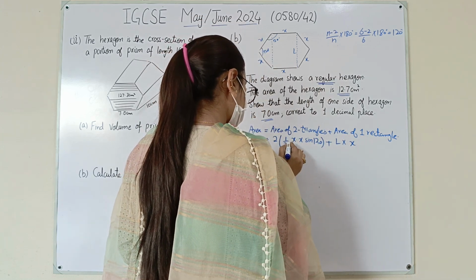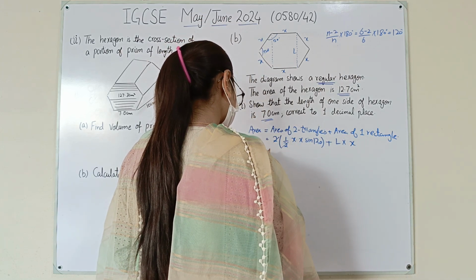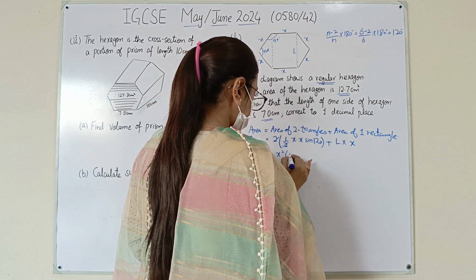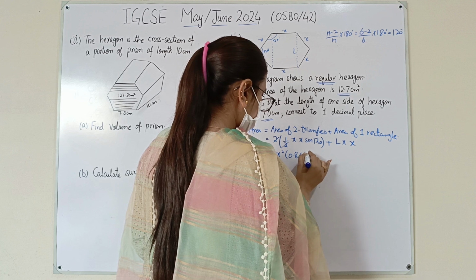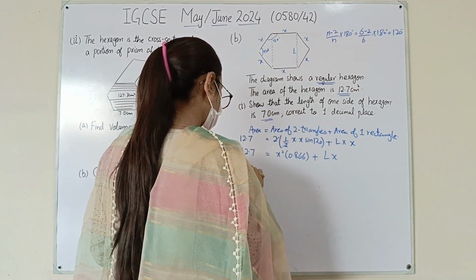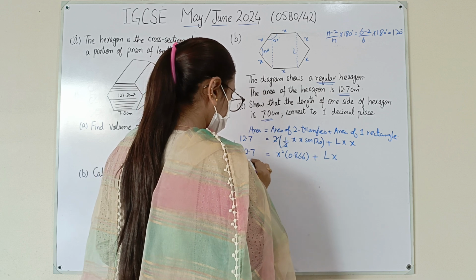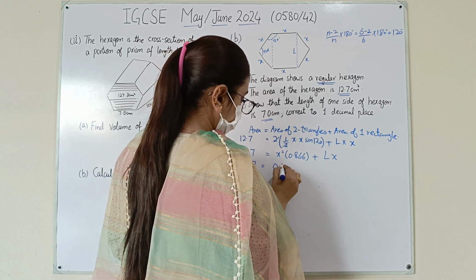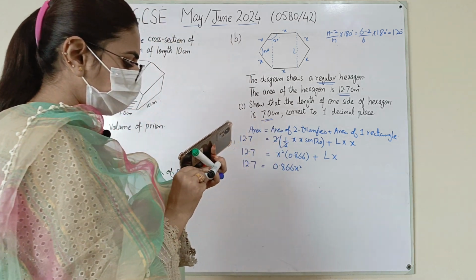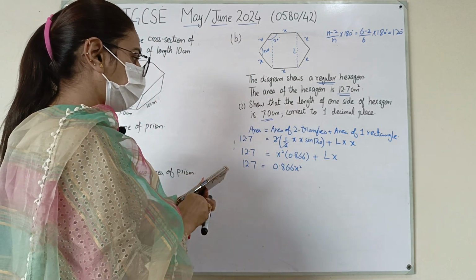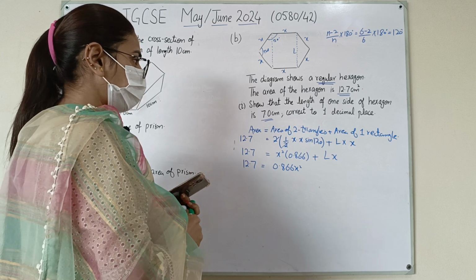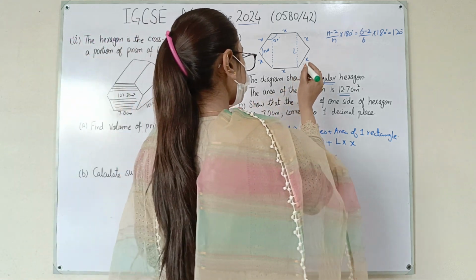So what we have here is 12.7 equals 0.866 x square plus L x. What you have to do over here is calculate the value of L actually. So the value of L can be found in this way.